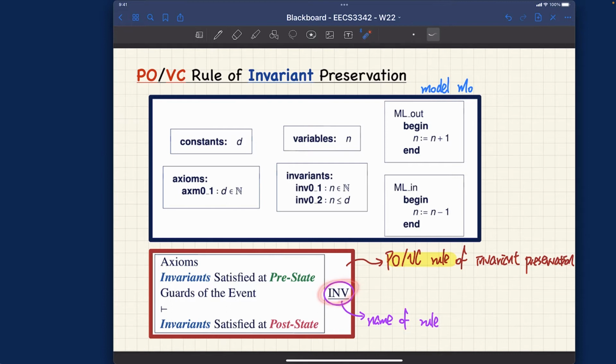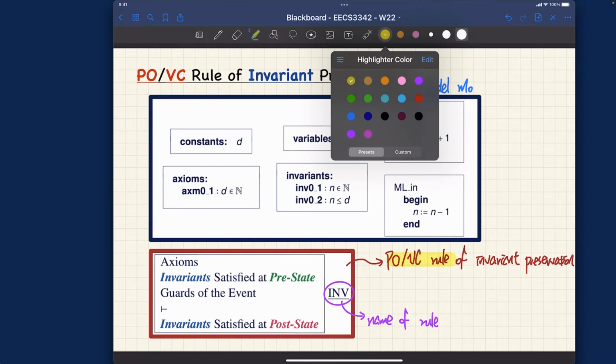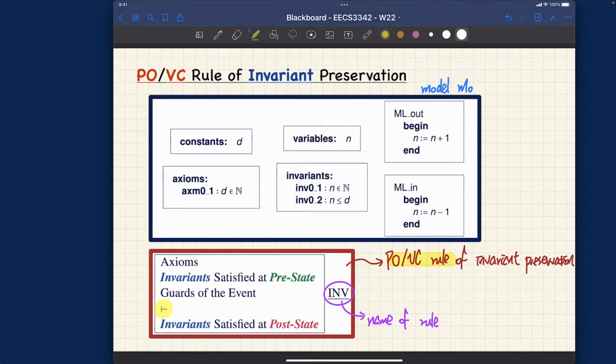Number two, this is the rule itself, which is specified as a sequent. You can see the turnstile that we learned about earlier. Actually, let me use a slightly different color over here. So this is the turnstile that we spoke about earlier.